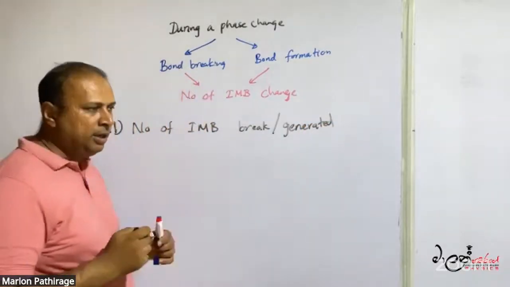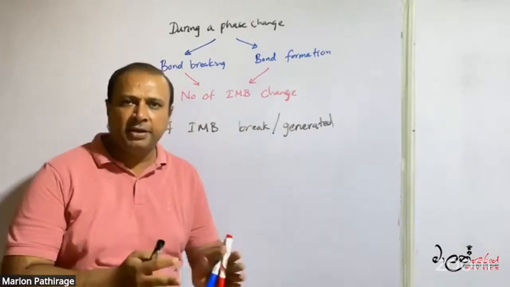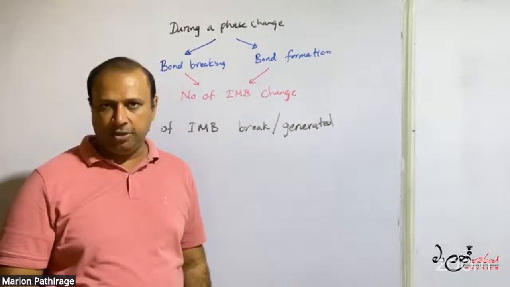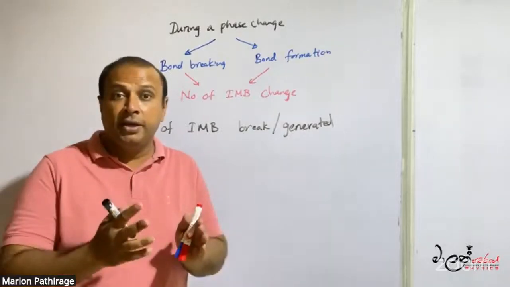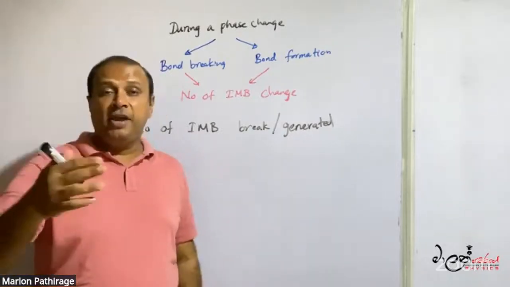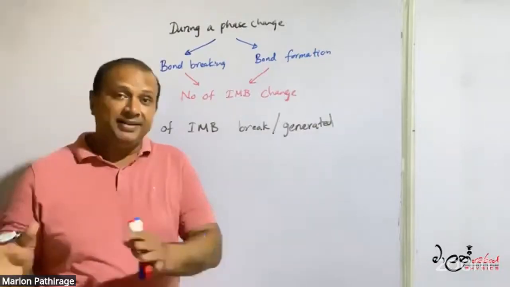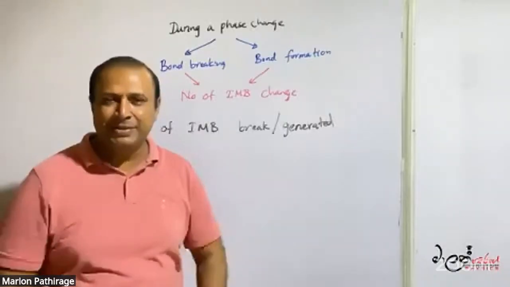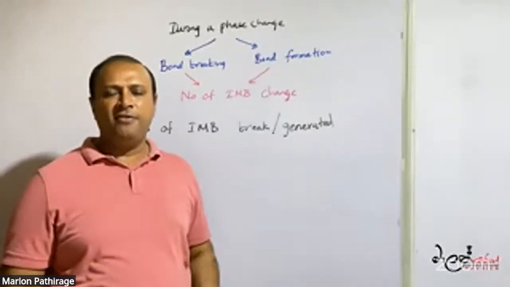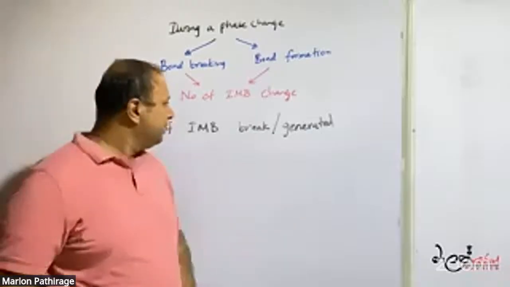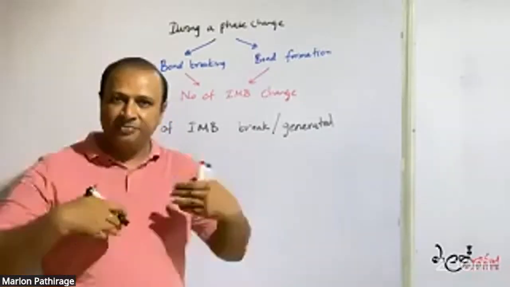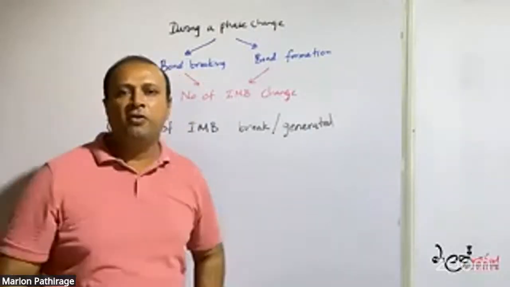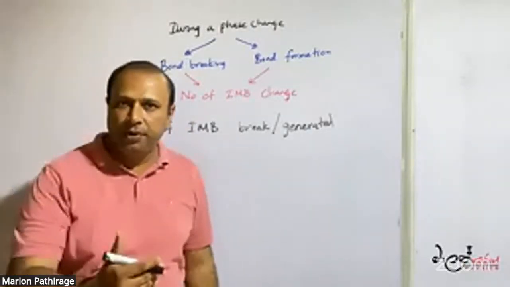That means if you want to break 5 bonds, we need a certain energy. But if you want to break more than 5 bonds, that energy might not be sufficient. We have to supply more energy. Therefore, the heat absorption or releasing depends on the number of intermolecular bonds broken or generated.